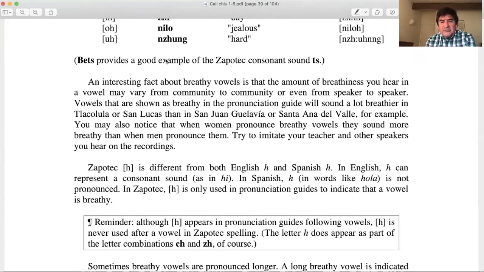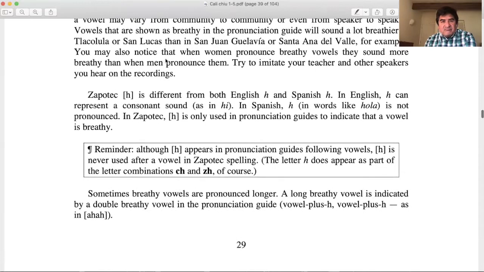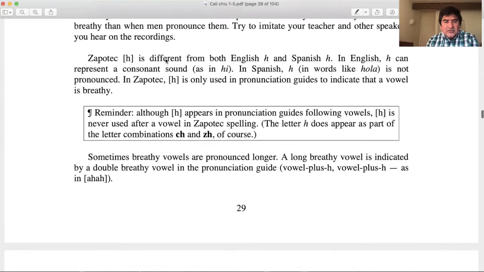In other communities we can find these breathy words as well, but some communities from the Valley may not have the breathy vowels. It varies from person to person and from community to community, so just be aware. Just try your best to do the breathy sounds, and I'll keep repeating them.